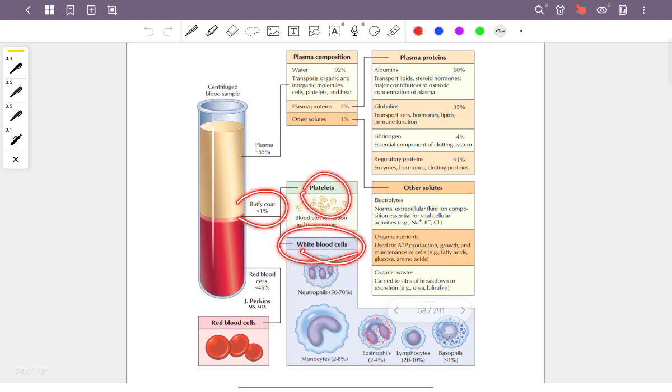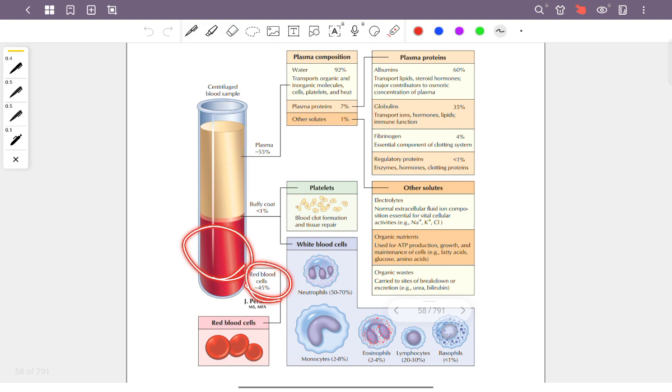I'm repeating again, this is the least portion of the blood, but it should not be neglected, because it contains platelets and white blood cells, which are very significant for the immune system. We need it. The next one, we all know, is the red blood cell, which is 45%.